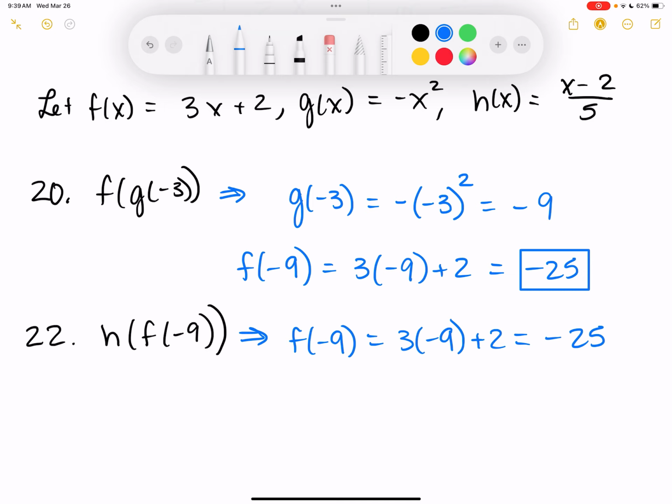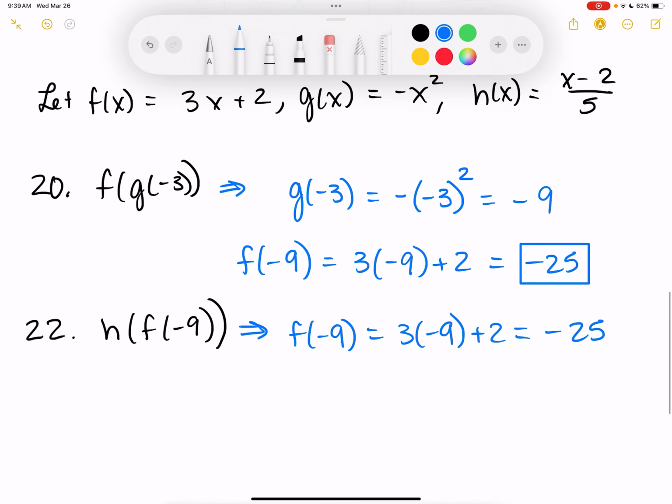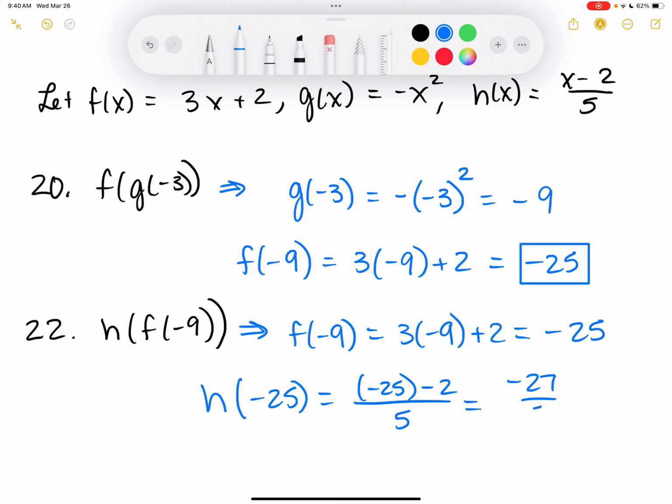Now, I plug that number in for x in h of x because it's h of f of negative 9. So h of negative 25 equals negative 25 minus 2 over 5, which is negative 27 over 5.